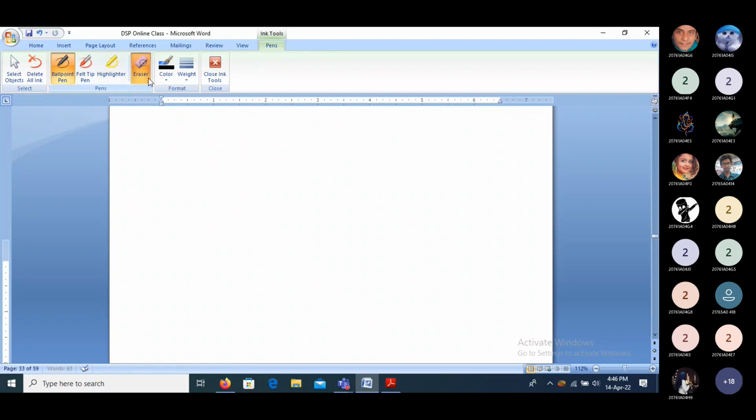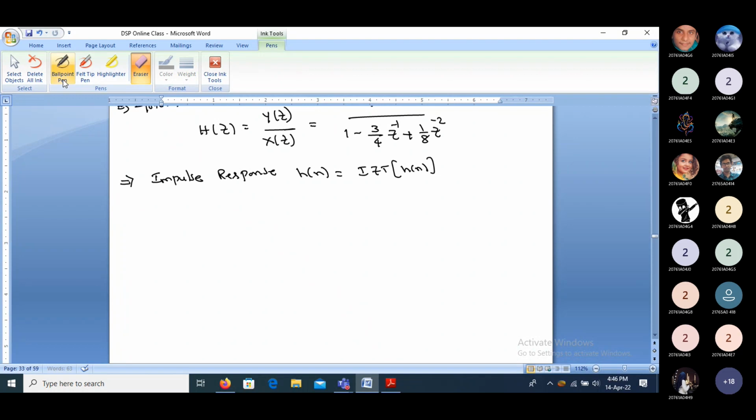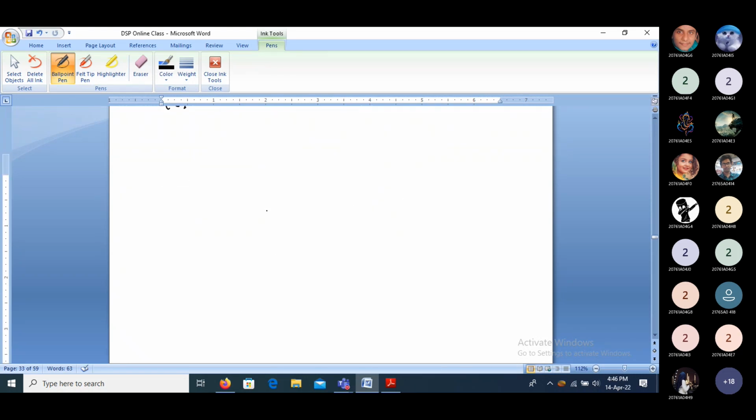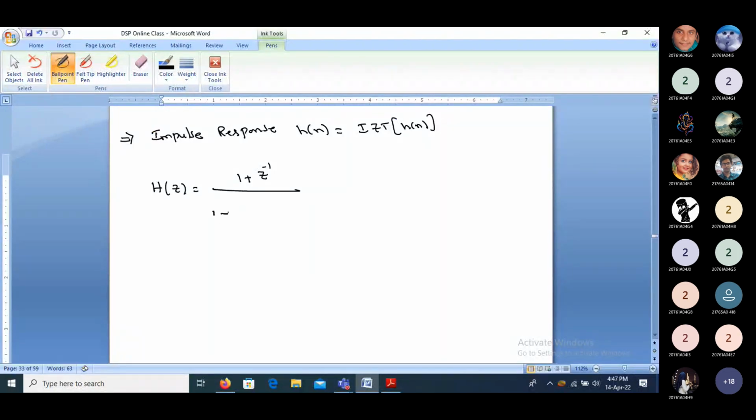So first we simplify H(z) into another form. H(z) is equal to 1 plus z inverse divided by 1 minus 3/4 into z inverse plus 1/8 into z to the power minus 2. For calculating the poles of the system function, we convert into positive powers of z.